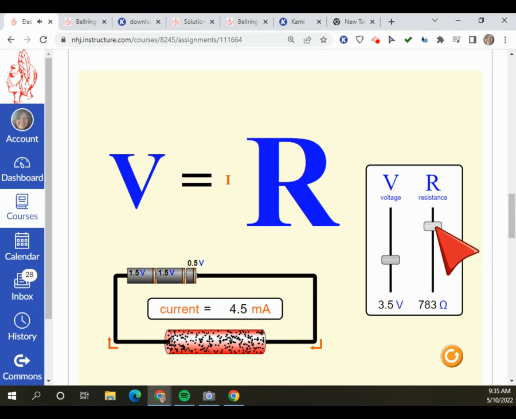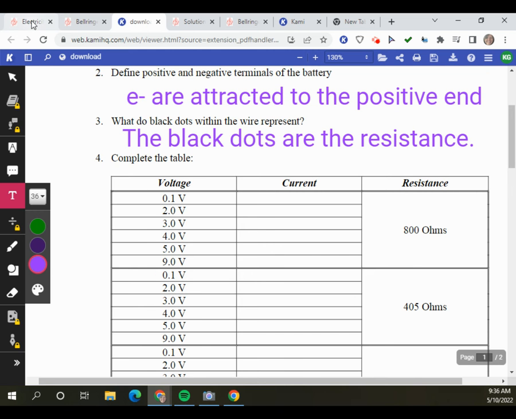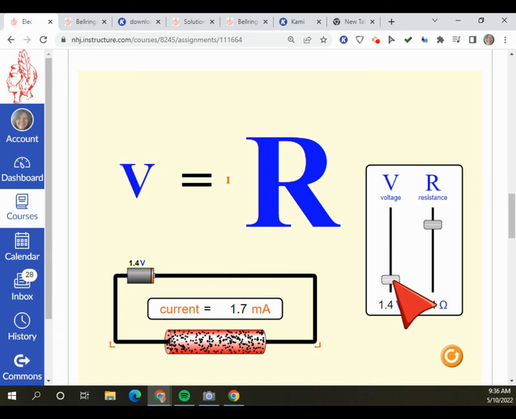This thing is a little touchy to try to get it exactly on 800. Should have stayed with 801. Okay, 801. We'll stick with that. And then we needed to have 0.1 volts. So, that's nice. That's the very end.